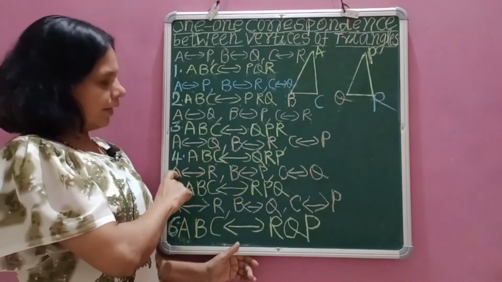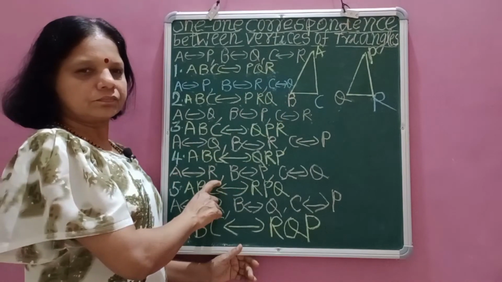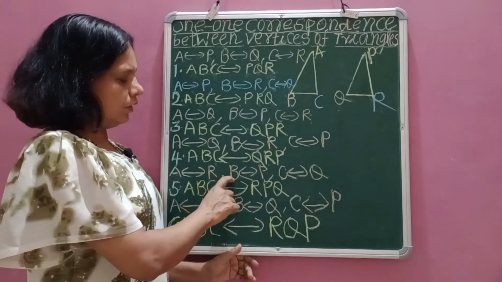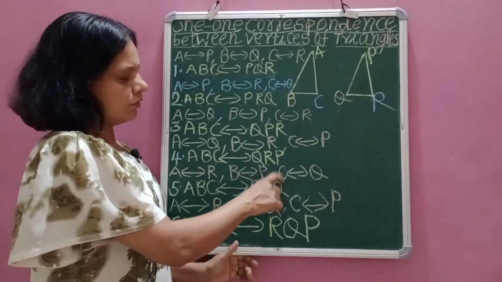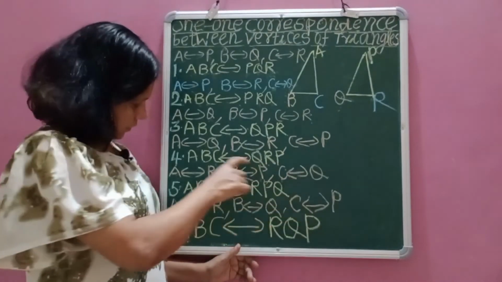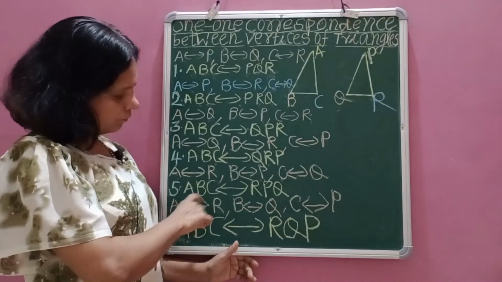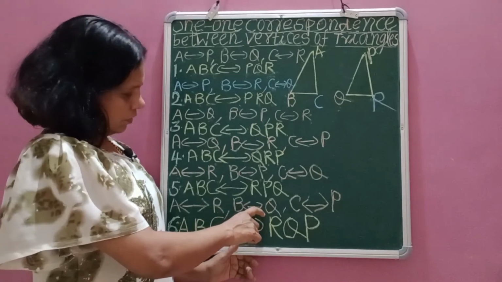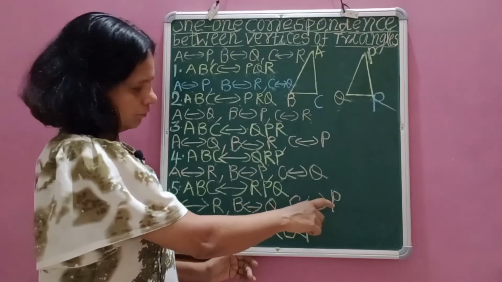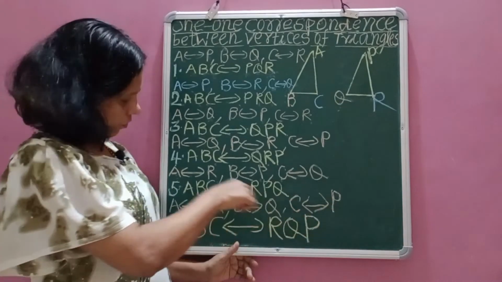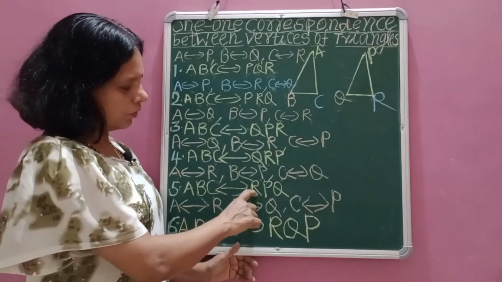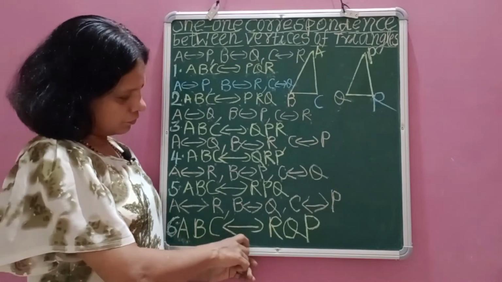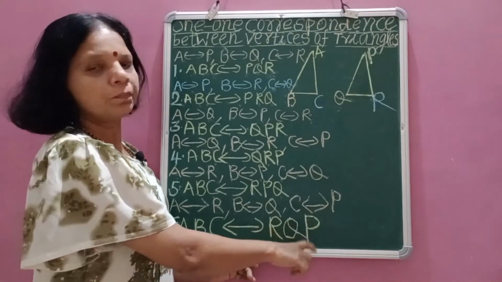Similarly, A corresponds to R, two choices. A corresponds to R, B corresponds to P, C corresponds to Q. A corresponds to R, B corresponds to Q, and C corresponds to P. Altogether, ABC corresponds to RPQ and ABC corresponds to RQP.